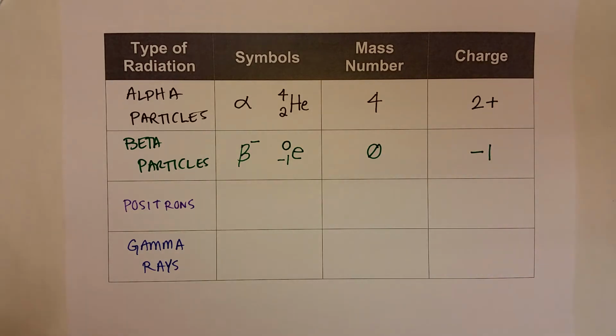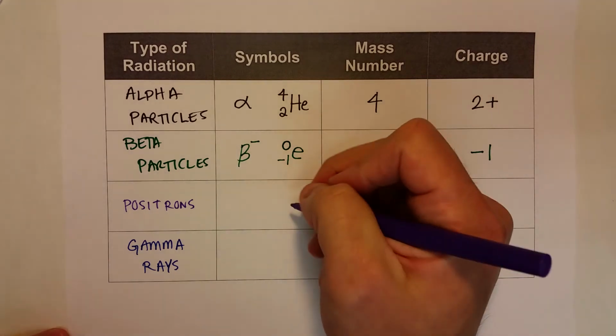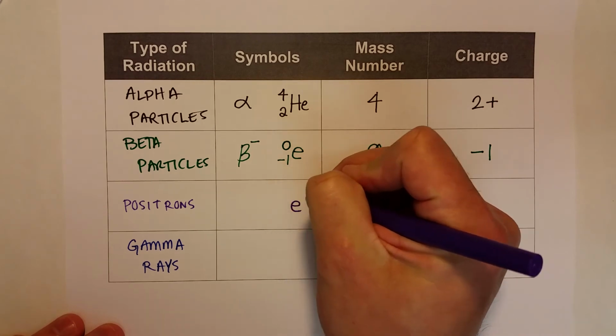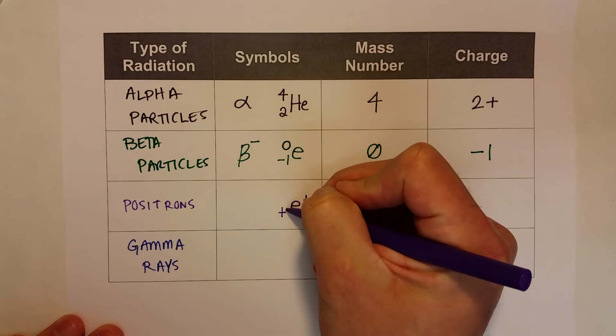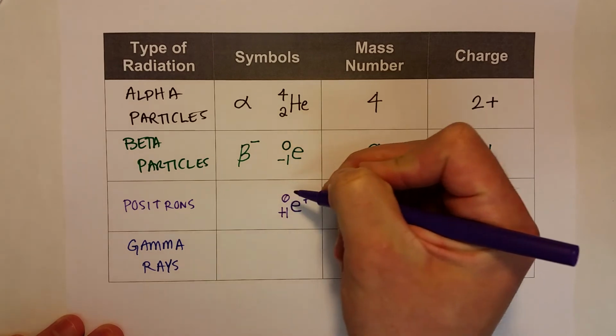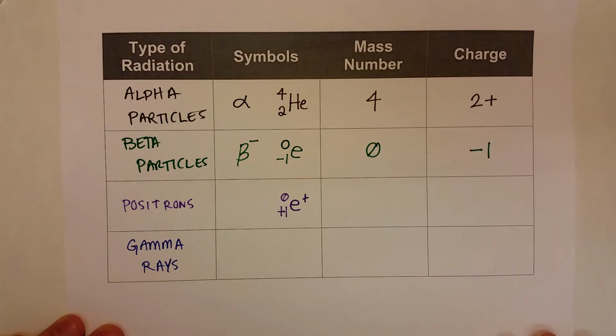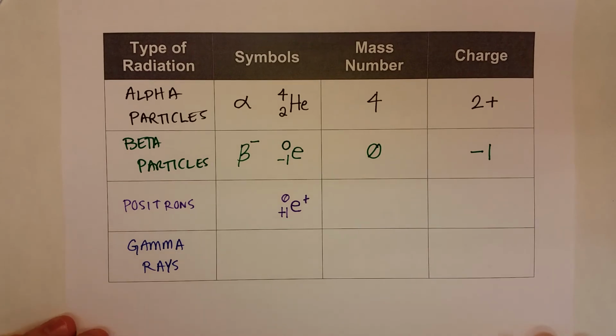A positron is the antimatter of the electron, so it's an electron with a positive charge. And so its atomic number would be +1. It still has no protons or neutrons, so we'll give it a 0 for its mass number.